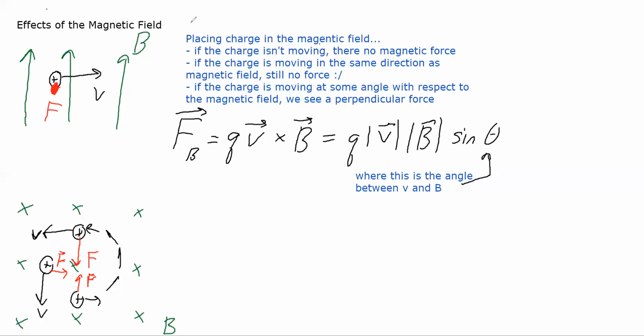You have this object going around and force is pointing towards the center. Centripetal, yes. Centripetal force, that's exactly what we're seeing here. So we see this centripetal force acting on the charge. And what's that centripetal force? It's magnetic force, right? The magnetic force is acting as a centripetal force, causing it to go in a circle.